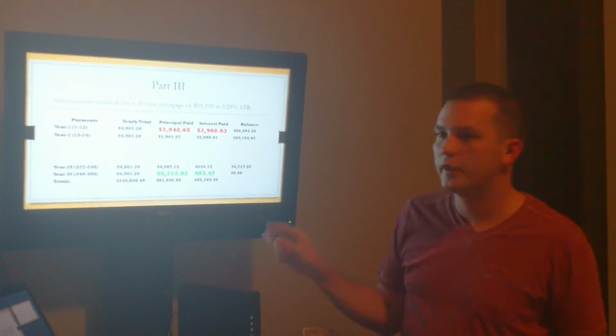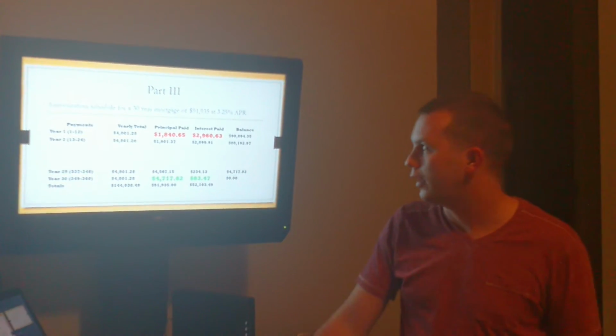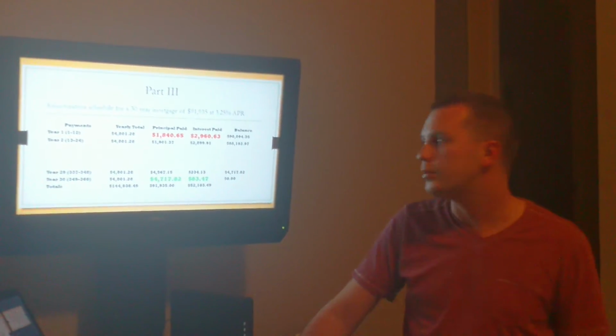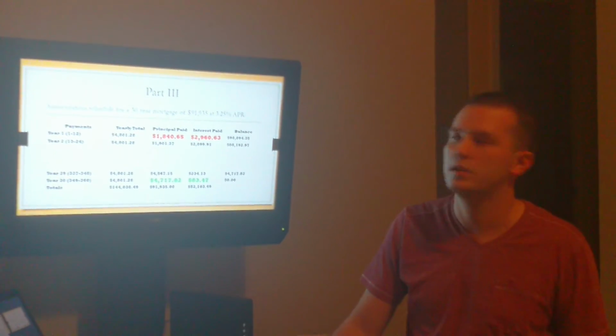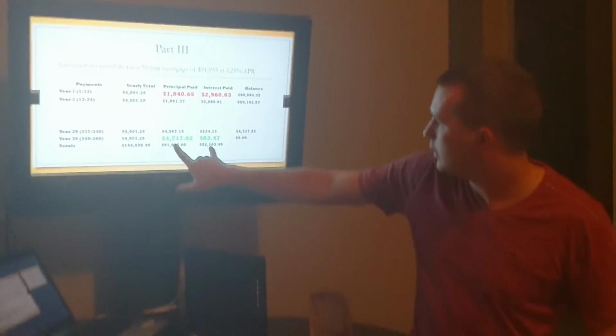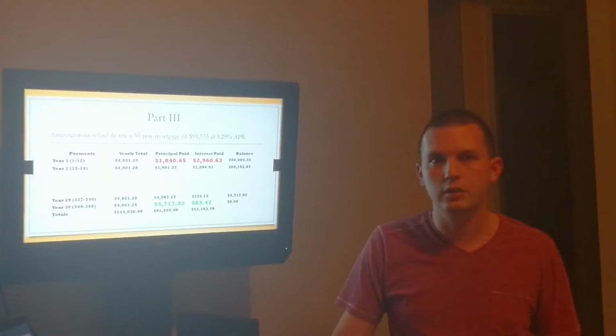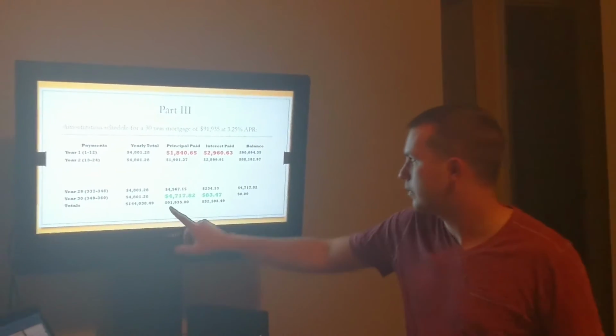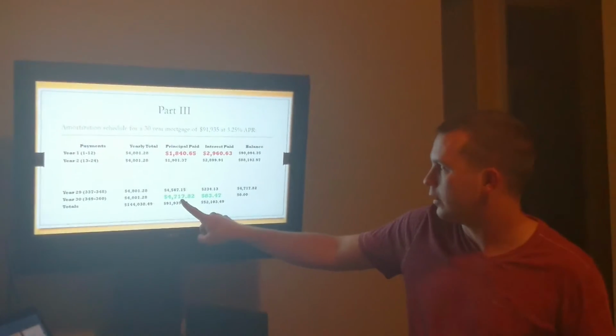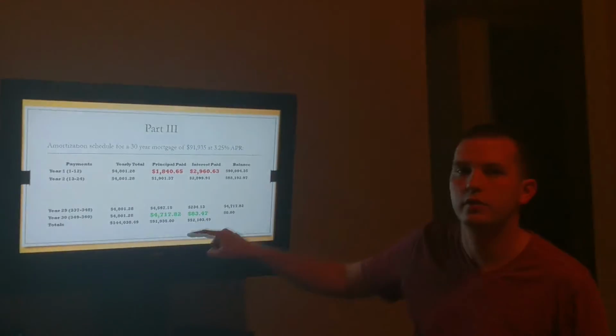With a 30-year mortgage, it's the opposite. About a third is principal and 2/3 is interest. But then, as you can see at the end, after 30 years, the total payments for the year are almost entirely principal and almost no interest.